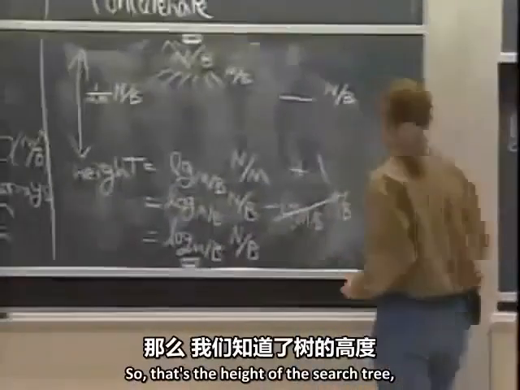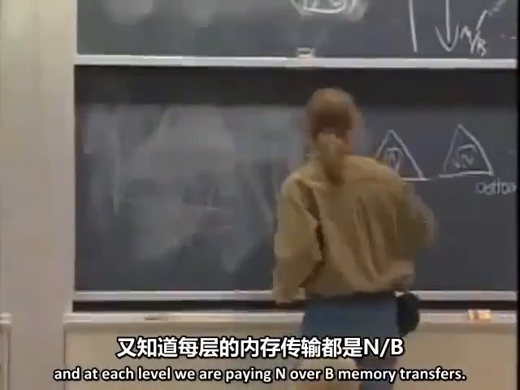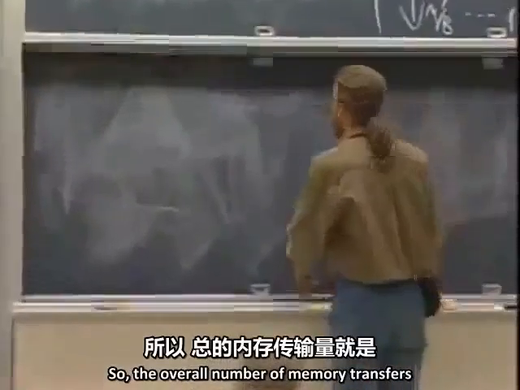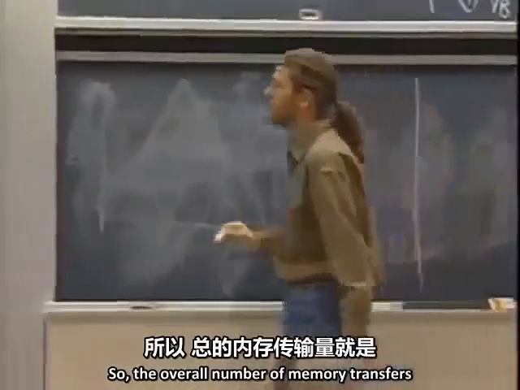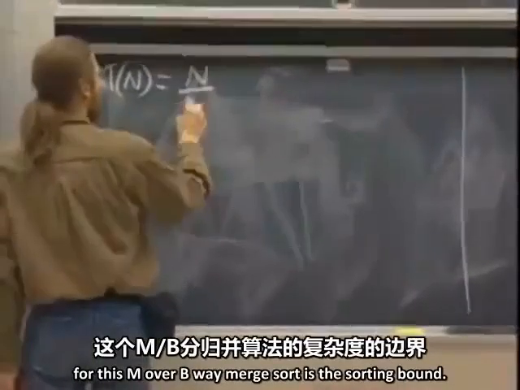So that's the height of the search tree. And at each level, we're paying N over B memory transfers. So the overall number of memory transfers for this M over B way merge sort is the sorting bound.